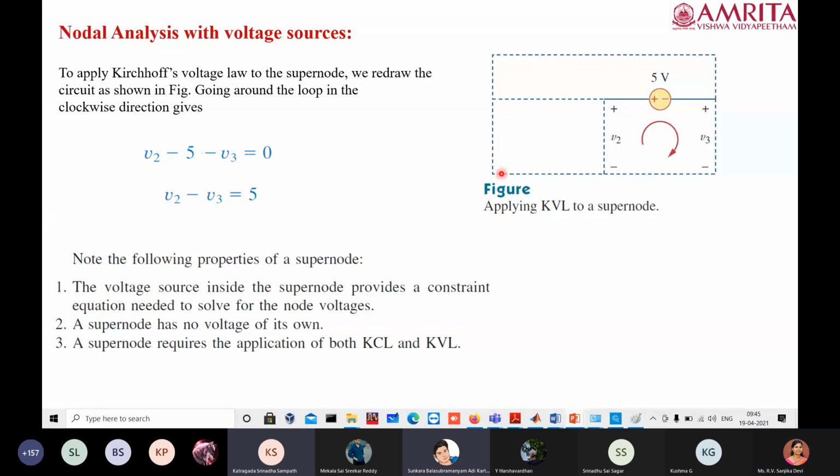Excuse me, ma'am. Here, how did we take the KVL, ma'am? If you take the KVL, with the reverse sign, the V2 plus 5 plus V3 is equal to 0, like that it will come. See, what is the convention you are following?